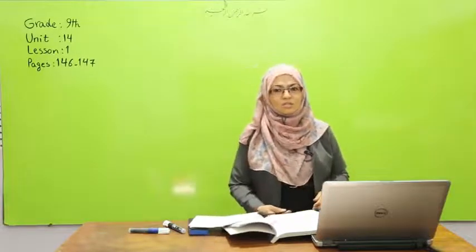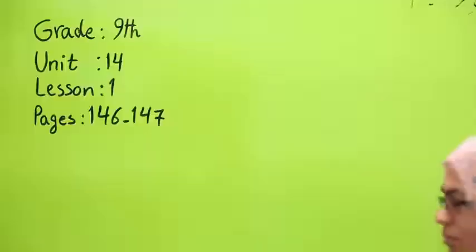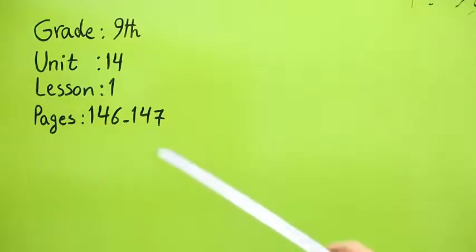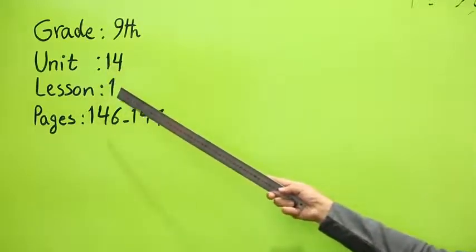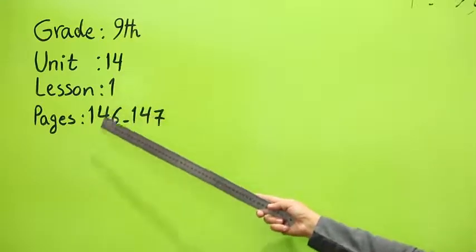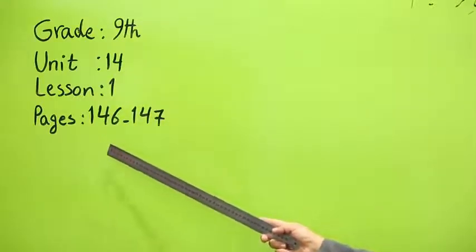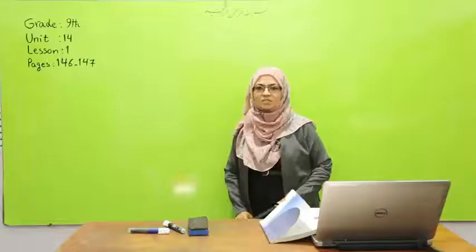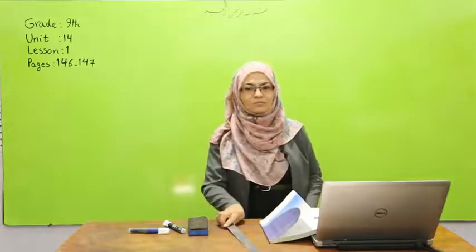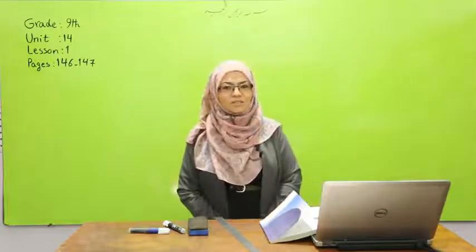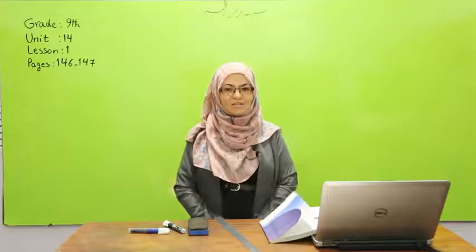Before going to the book, see the board. We are in unit 14, lesson 1, and we have 2 pages, 146 and 147. Are you ready for the new lesson? Great, excellent, very good.